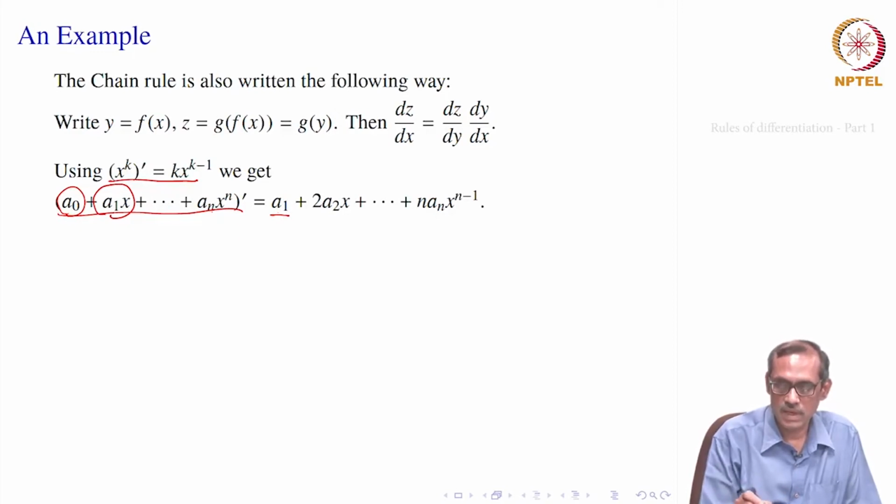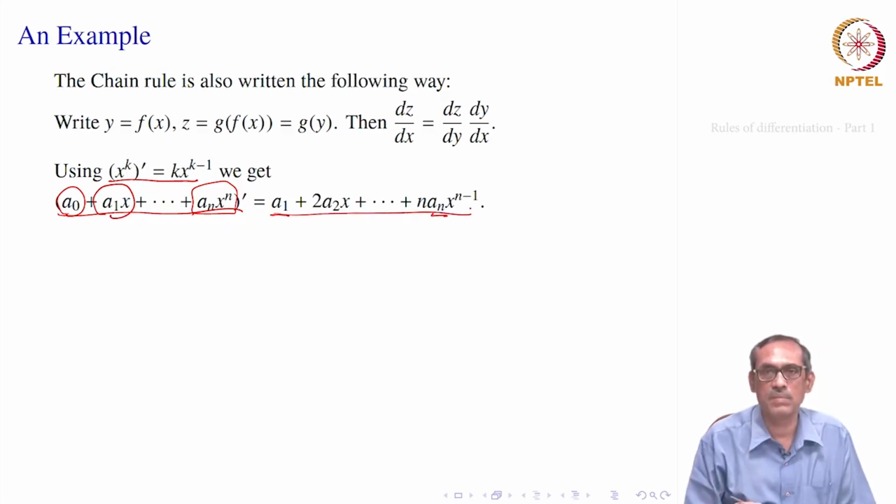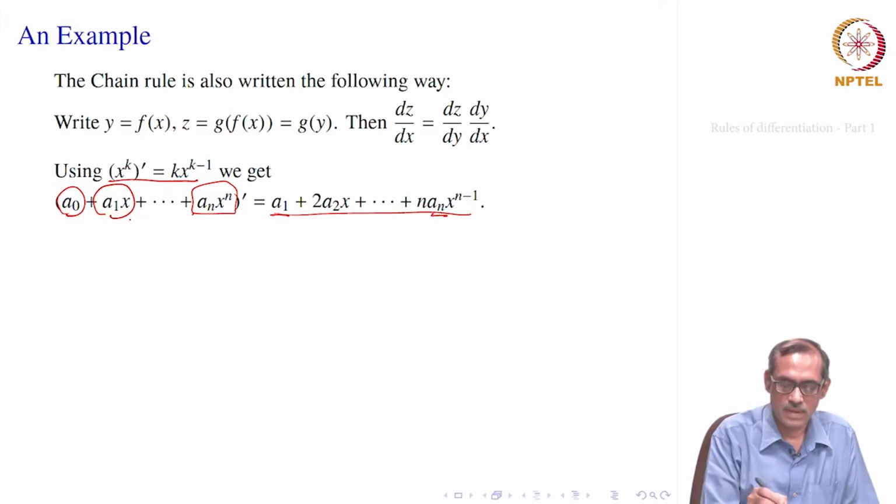Similarly, we proceed, and the last one is an x to the power n, that gives an out, and x to the power n gives n times x to the power n minus 1. So, this is how the polynomial differentiation will be effected. I think that is easy to remember. Just first the constant goes away, next the constant remains, next 2 times a2, that x square's 2 comes here, and so on.